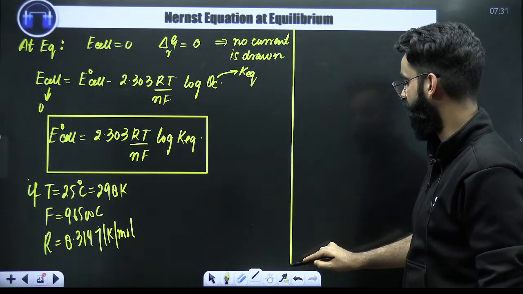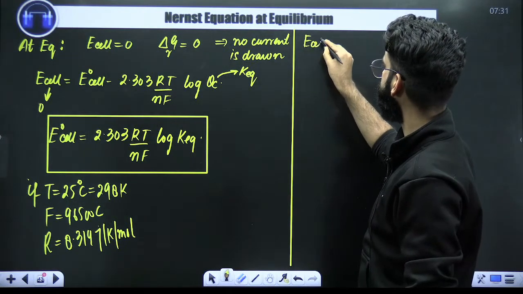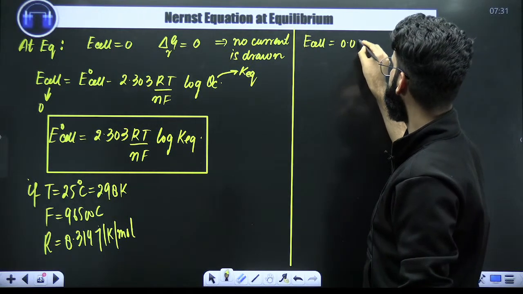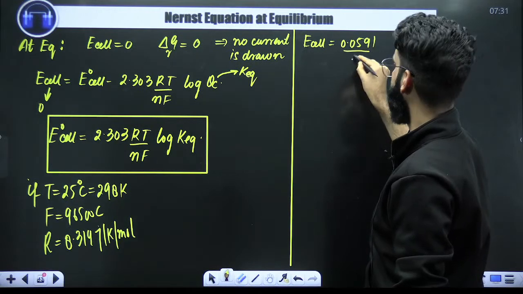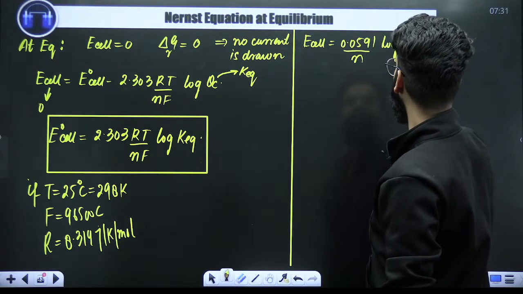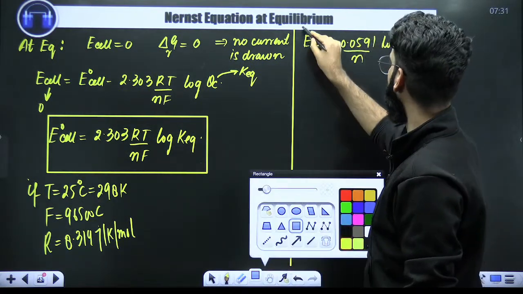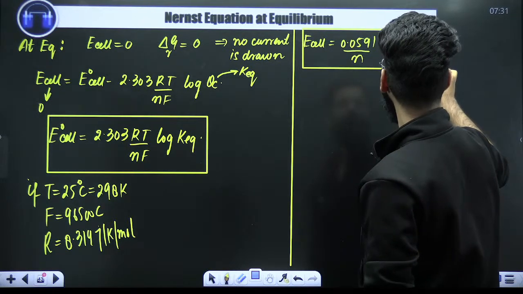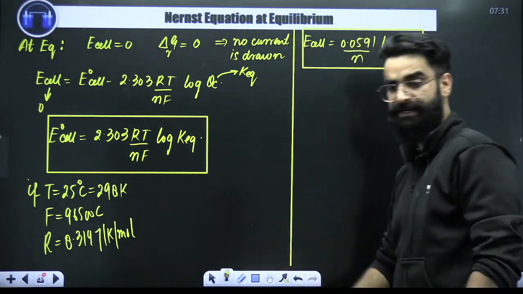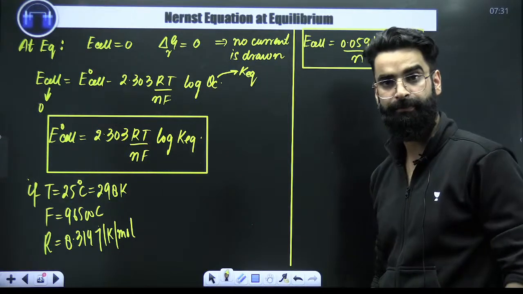E cell is equal to 0.0591 divided by N, then it's going to be log of KEQ. This is your Nernst equation when the temperature is 25 degrees centigrade, that means 298 Kelvin. So this expression also you can remember.